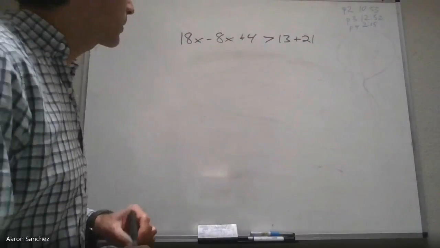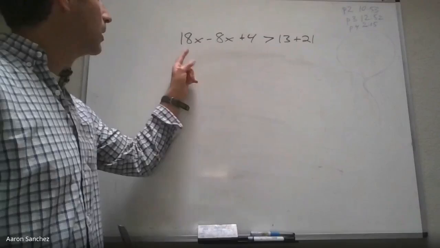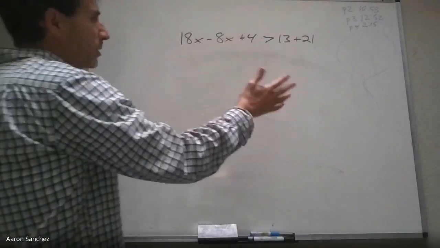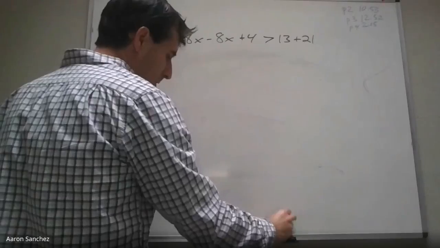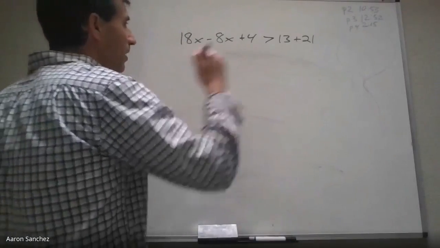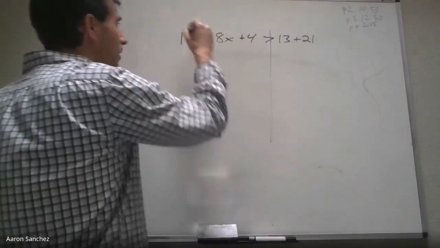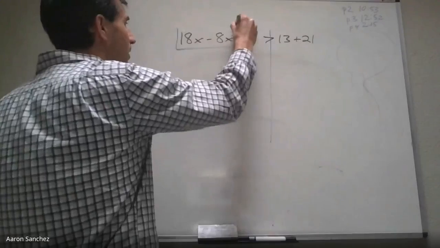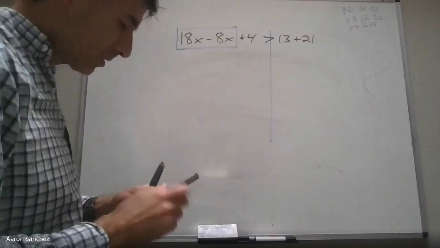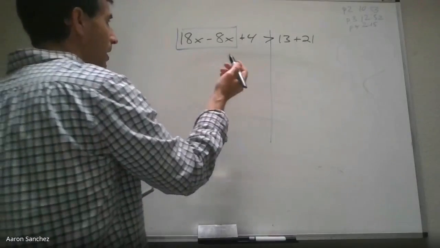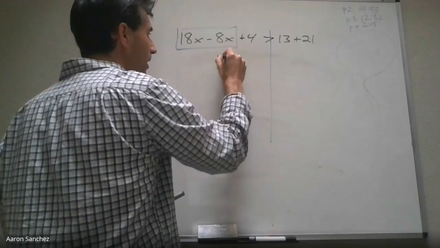Okay, this is the problem we're going to do. Okay, you can say thank you, Noel. So this looks kind of hard, but it's really not that hard because I can combine. On this side of the equal sign, I can combine these. 18x take away 8x. How many x's do you got? Well, 18 take away 8 is 10x.